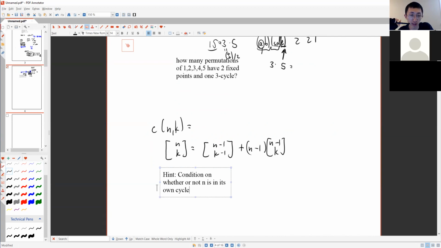It's similar to Pascal's identity with binomial coefficients.